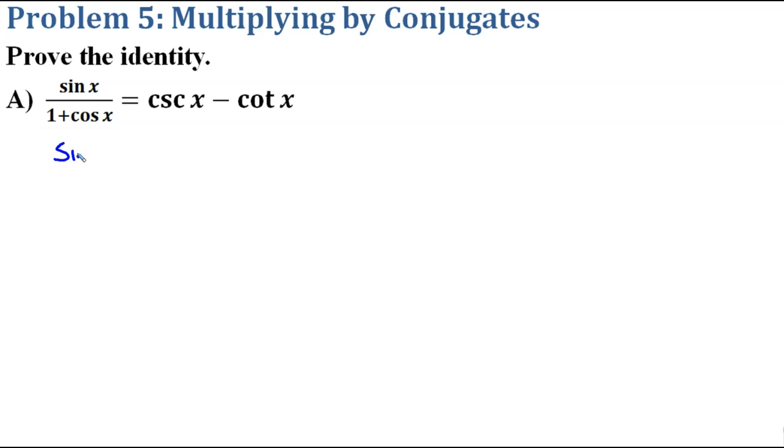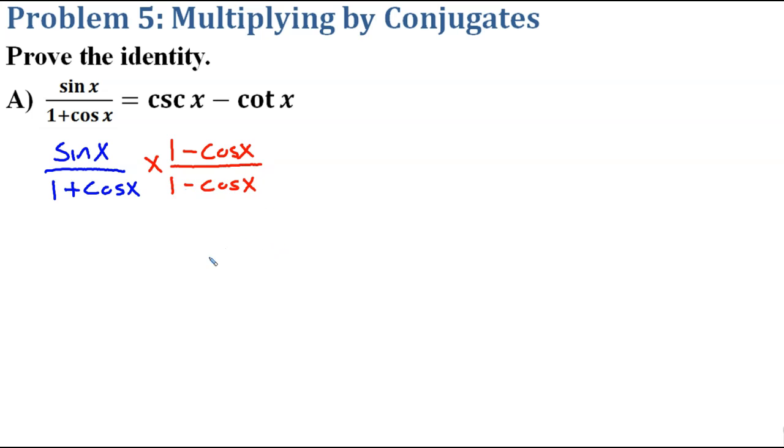Okay, so we'll start with the left side, sine x over 1 plus cosine x. When I say multiply by the conjugate, what I'm going to do is multiply top and bottom by the conjugate of my denominator, the 1 minus cosine x over 1 minus cosine x.